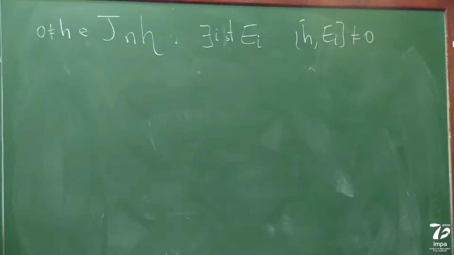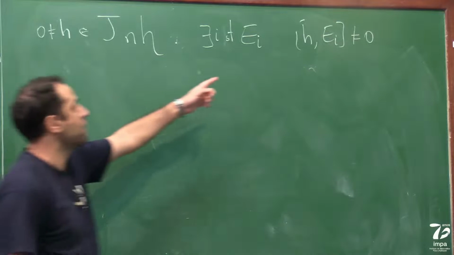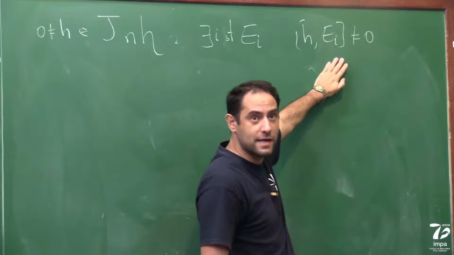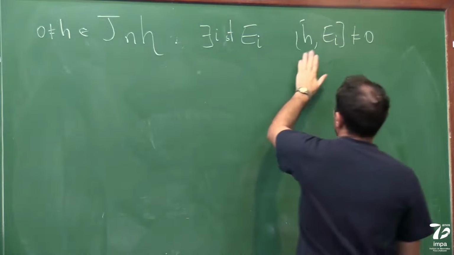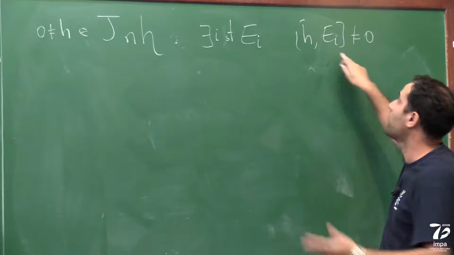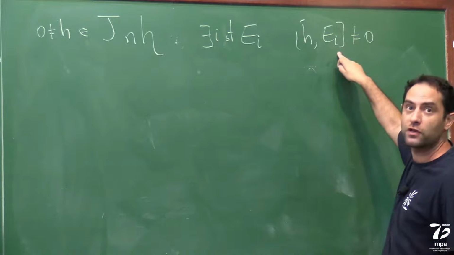Here you use the fact that this diagram was connected. If this was 0 for every I, and the EI were a basis, then this would mean that H is 0. Since H is non-zero, there's one EI such that this thing is non-zero.